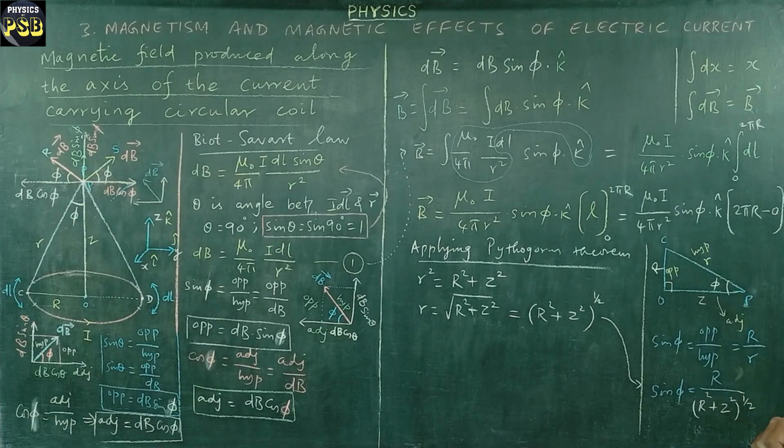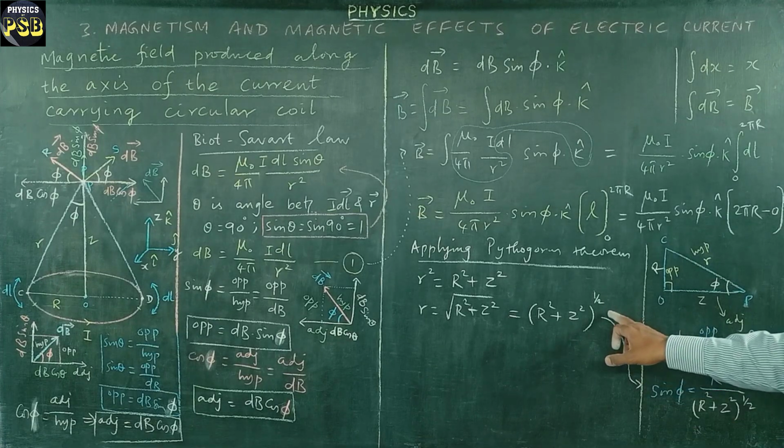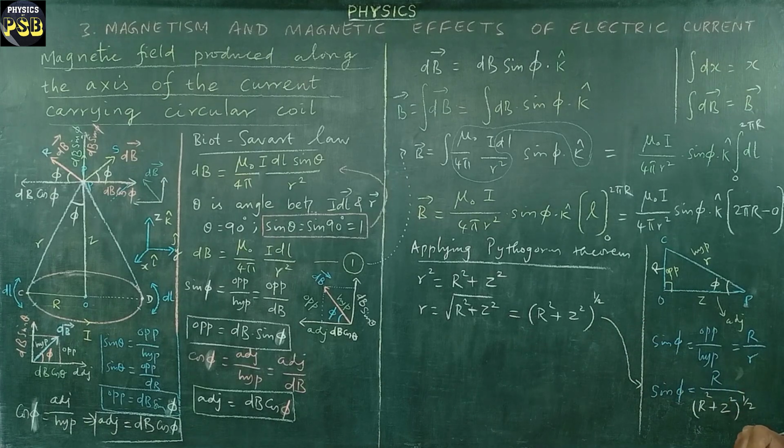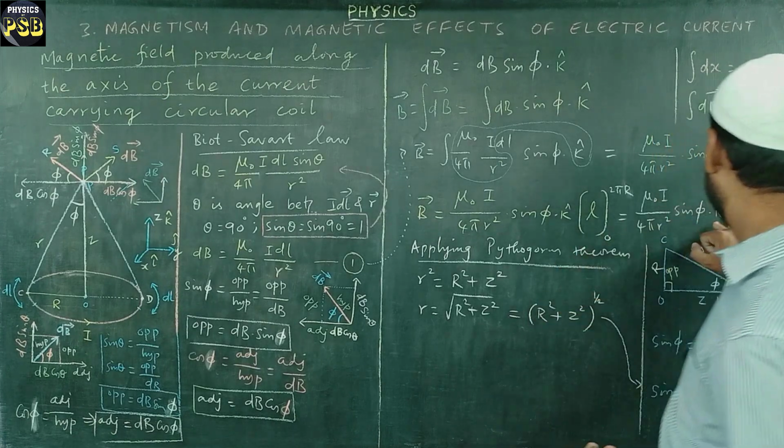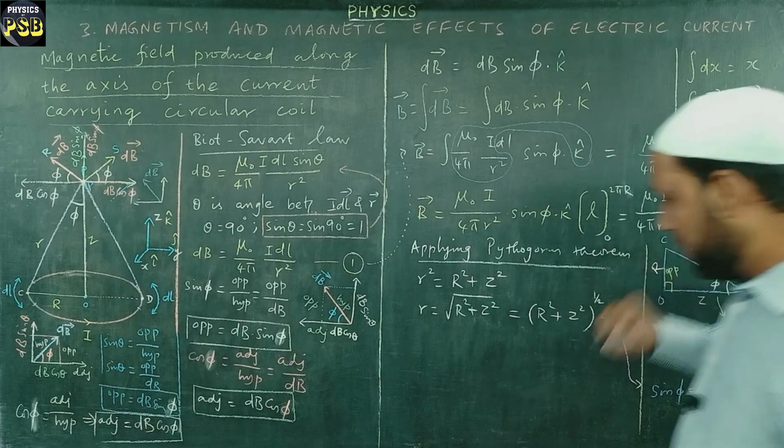Okay, so we have the value of r and sine of phi. This I am going to substitute in this equation to get the magnetic field.